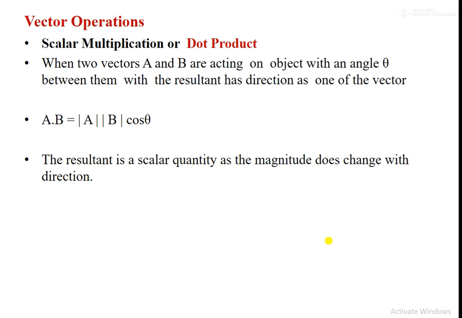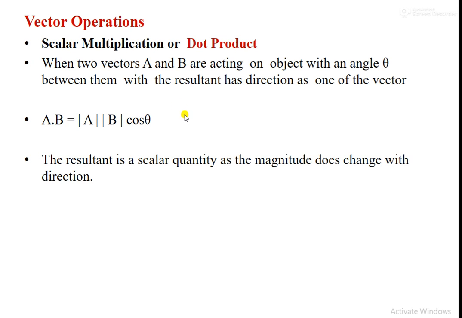When there are two vectors A and B acting on an object with an angle theta between them, the resultant will be in one of the directions of the vectors. Then we do the operation called the dot product. A dot B is equal to the magnitude of A times the magnitude of B times cos theta.